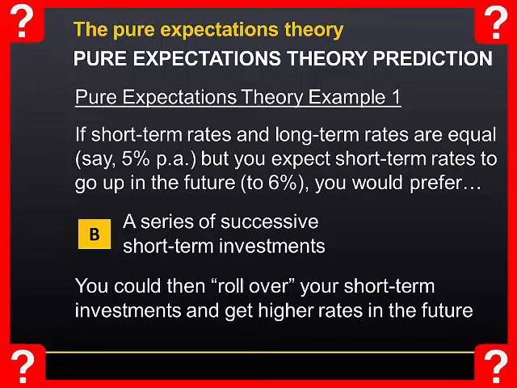If you are indifferent between short and long-term investments, then in this scenario you would prefer a series of successive short-term investments. You could then roll over your short-term investment when it matures and get higher rates in the future.